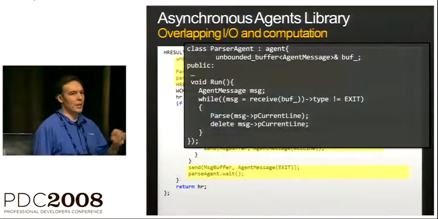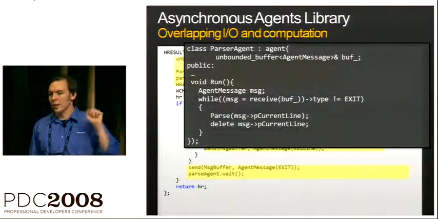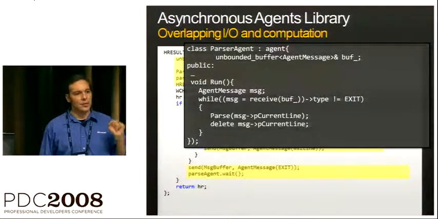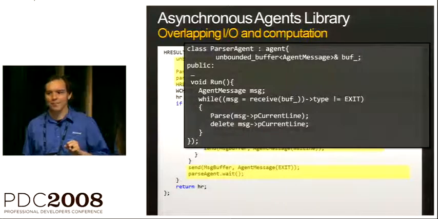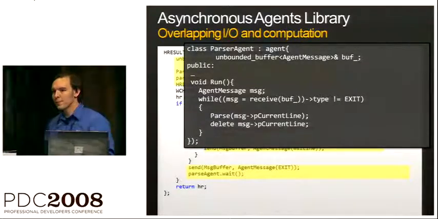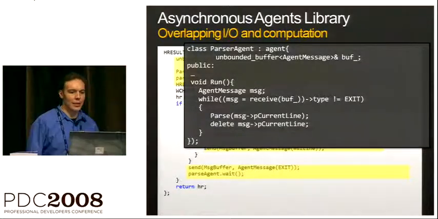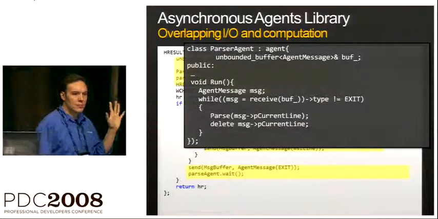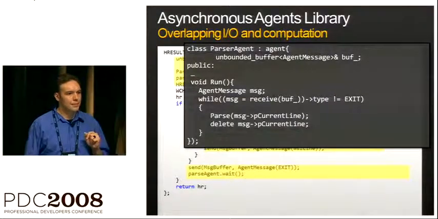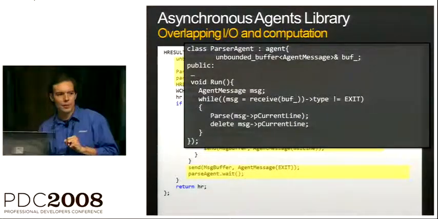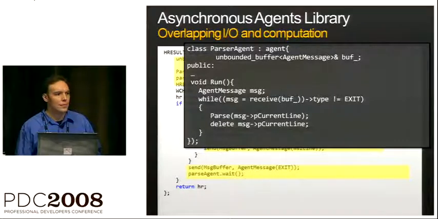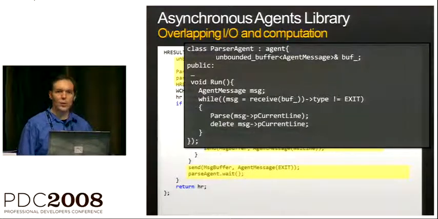If it doesn't get an exit message, it will actually parse that message and delete it, right? Because remember, I allocated it, and I'm passed a pointer. Once it gets an exit message, then it'll just exit, and the agent's done. So, very straightforward. And this worked relatively well in that little application I built.